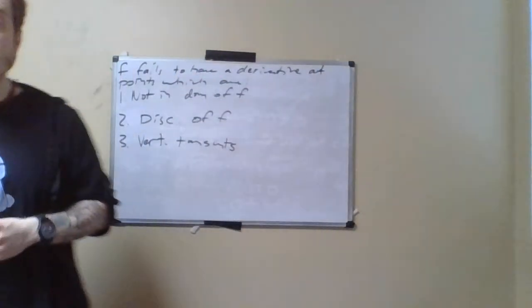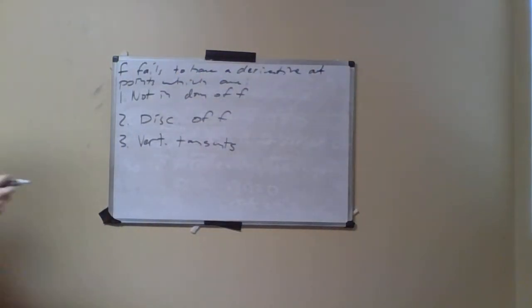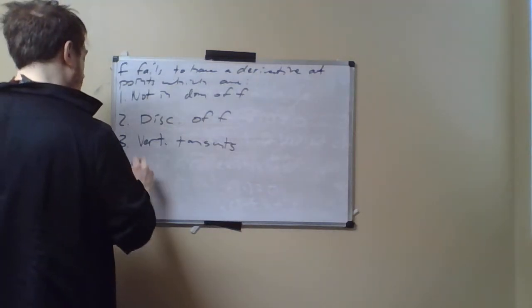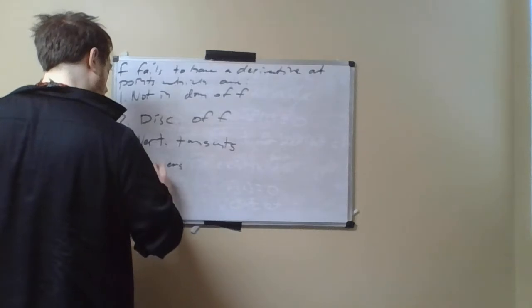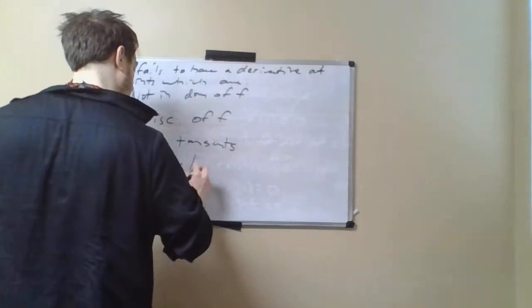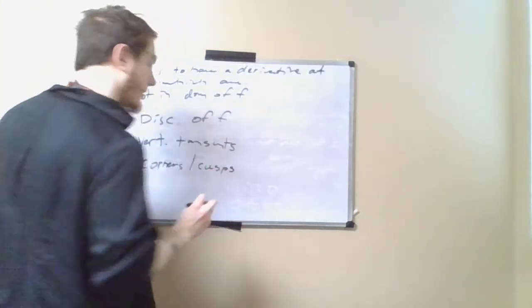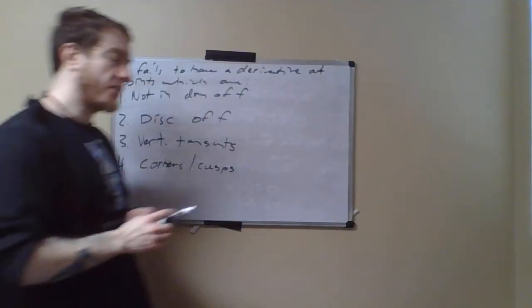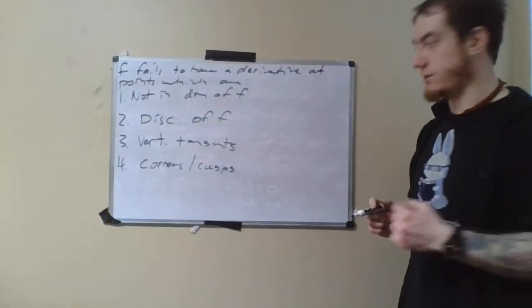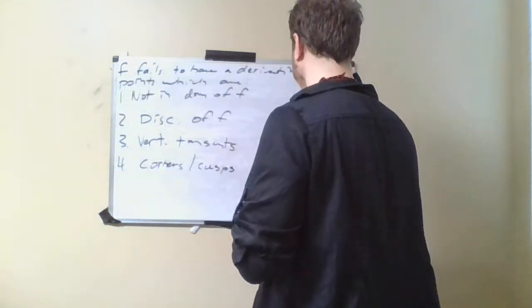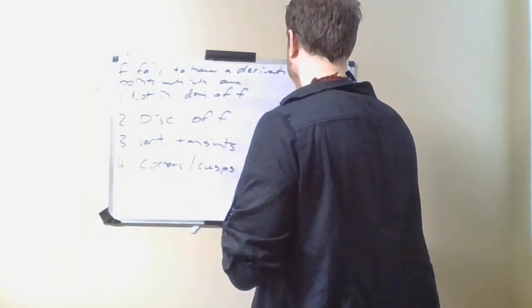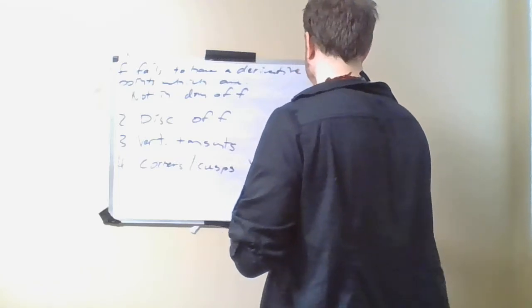There is another thing that can happen that can mess up having a derivative, though, and that is you can have corners, or cusps. So if you have a corner or a cusp, in a graph, what that's going to look like is something like this, or maybe it looks like this.